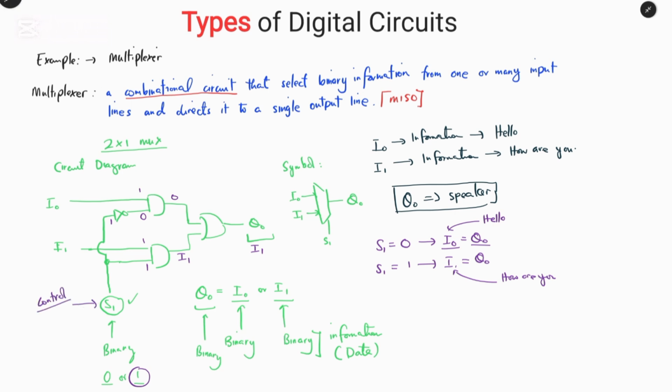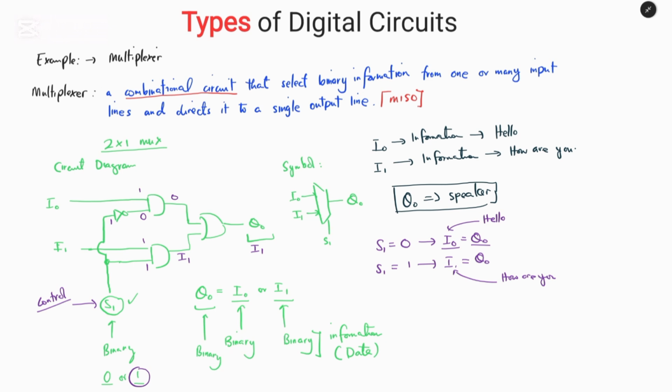If we want to pass hello to the output of this multiplexer circuit, we normally control by applying a binary 0 to the select lines. So by then, the speaker can produce the word or information hello.